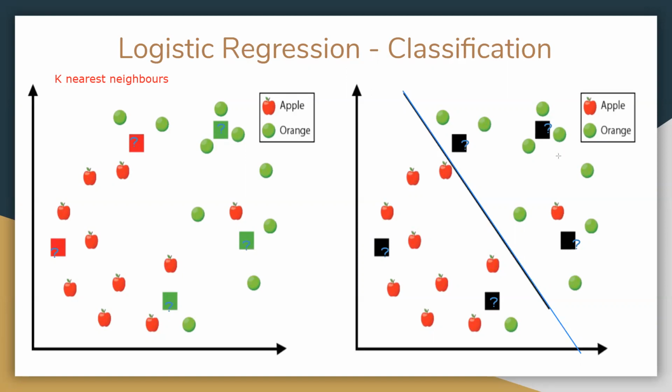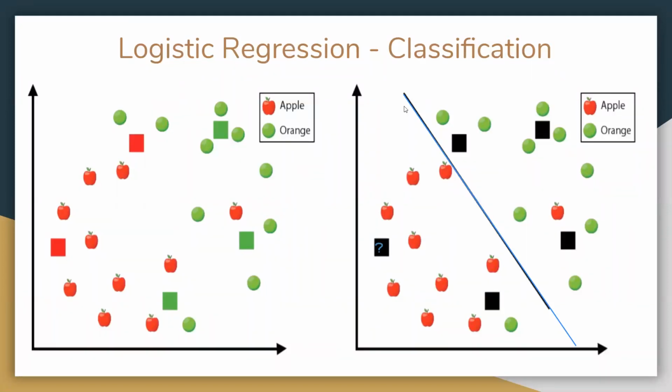One strategy is to find the k nearest neighbors. Another strategy is to draw a decision line like this, and find where this unknown sample is located. Is it left of this or right of this?